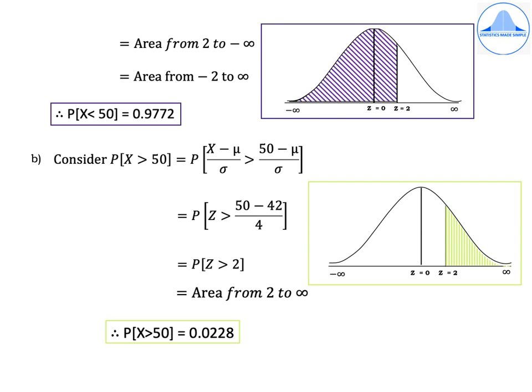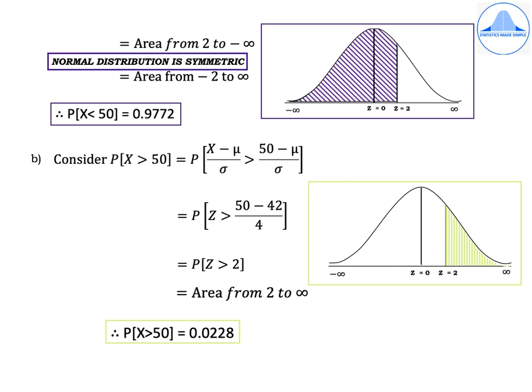In the previous slide, the last step was probability of Z less than 2. So now let's draw the standard normal curve. You know that the extremities are minus infinity and infinity, and the center line is Z equal to 0. Now 2 is a positive value, so mark it on the right tail of the curve.